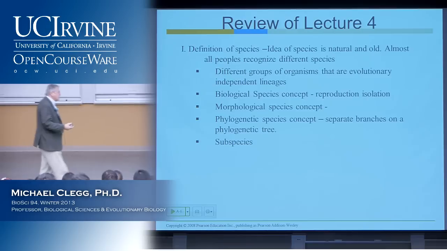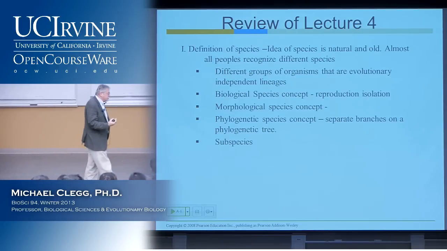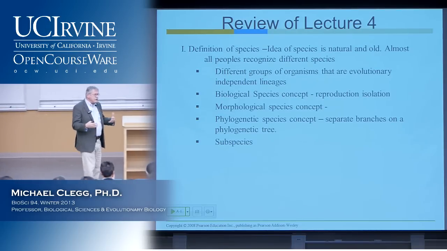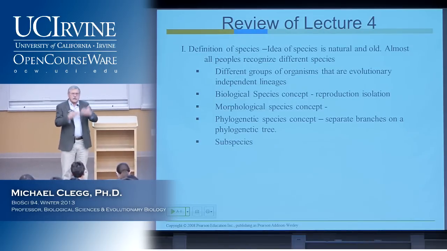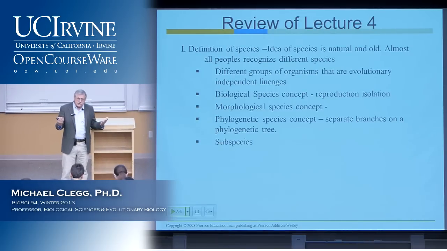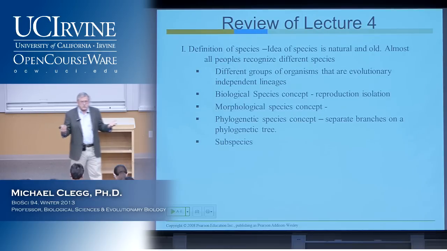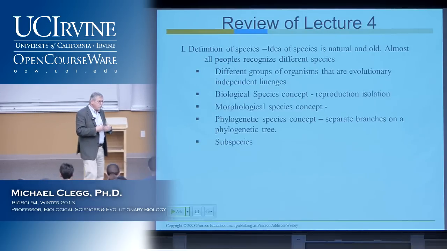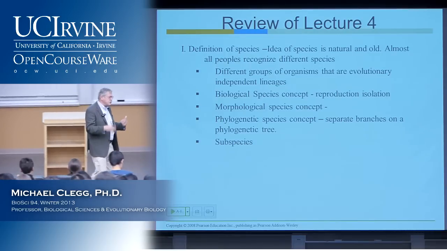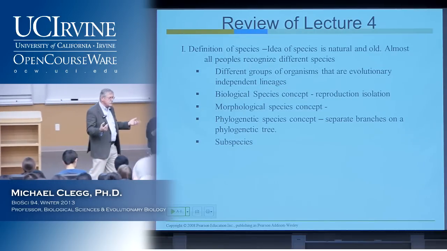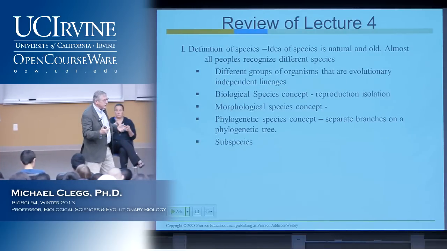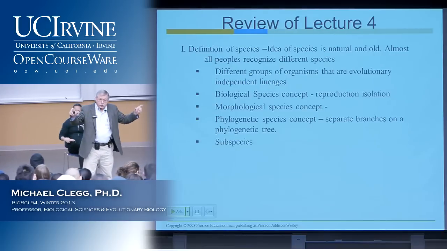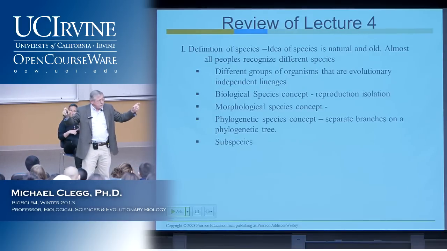Then we went on to consider the concept of subspecies, and I said that subspecies don't have the kind of objective definition that biological species do. And we used as an example of subspecies Neanderthals and humans, and we talked about the fact that these were two different groups which had evolved independently for a long period of time.